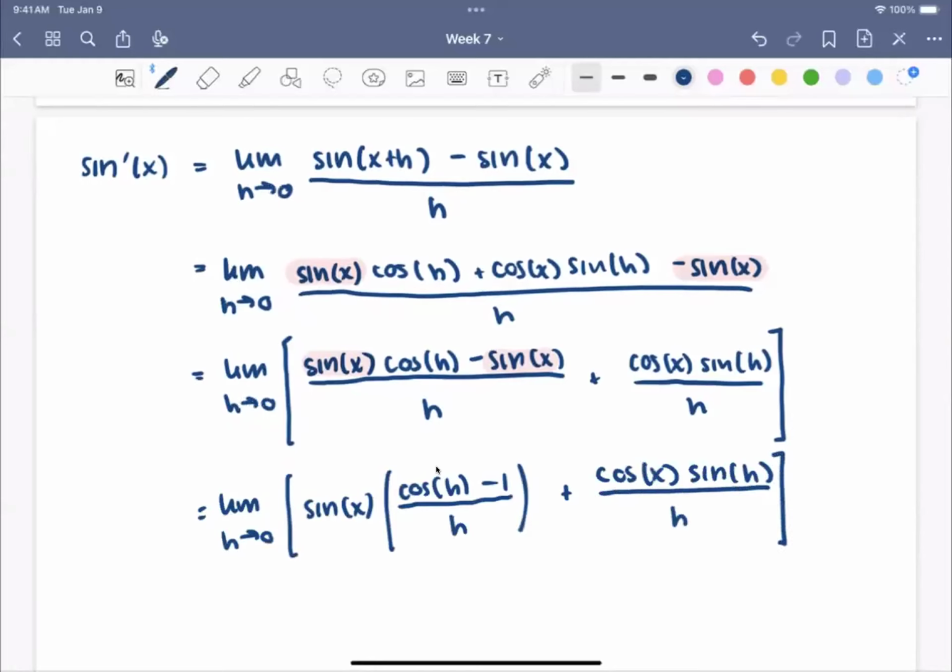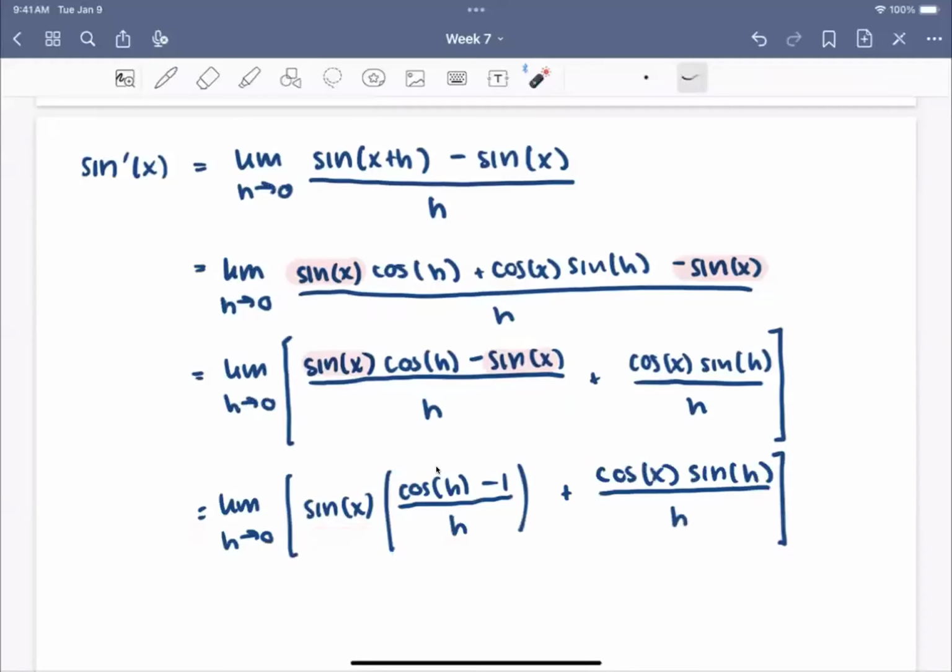Okay, so now I can break this up using the limit laws. We know that the limit of the sum of two things is just the sum of the limits. But we also have a constant multiple rule for limits that tells me I can just pull any constants out front.